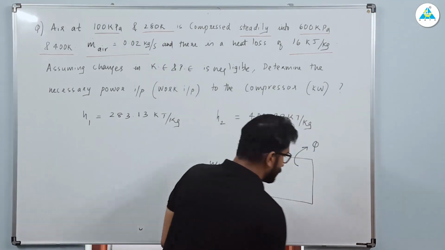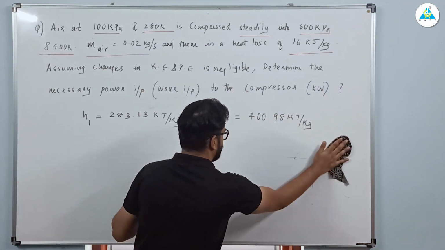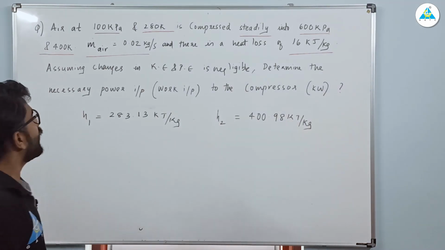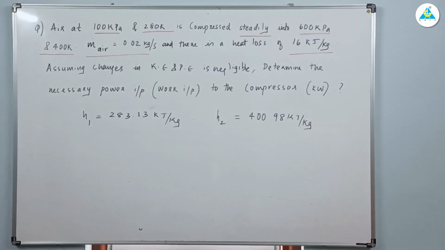So read the question once again. Clear? Air at 100 kilopascal and 280 Kelvin is compressed steadily into 600 kilopascal and 400 Kelvin. Mass flow rate of air is given, and there is a heat loss of 16 kilojoule per kg. Assuming kinetic energy changes and potential energy changes negligible, determine the work input to the compressor.